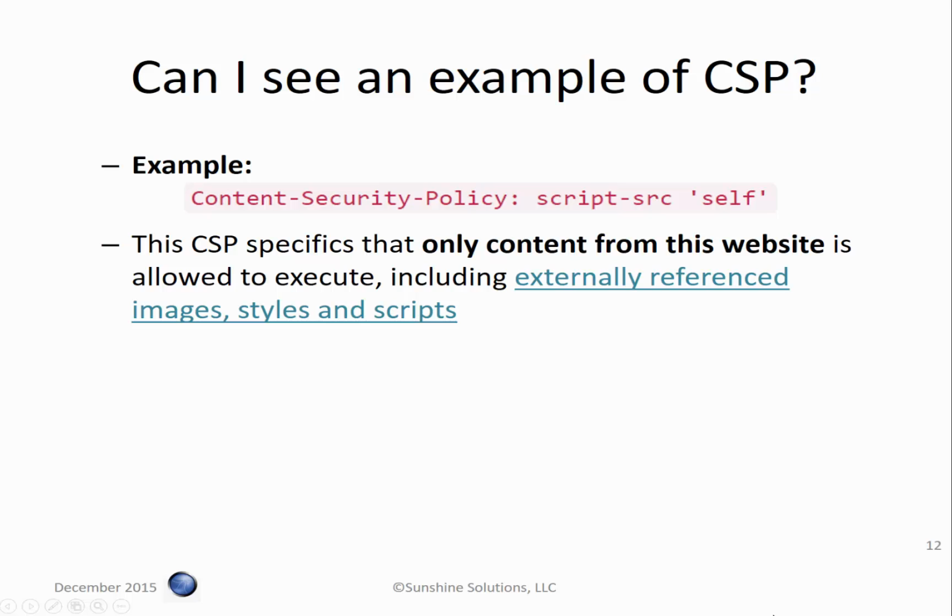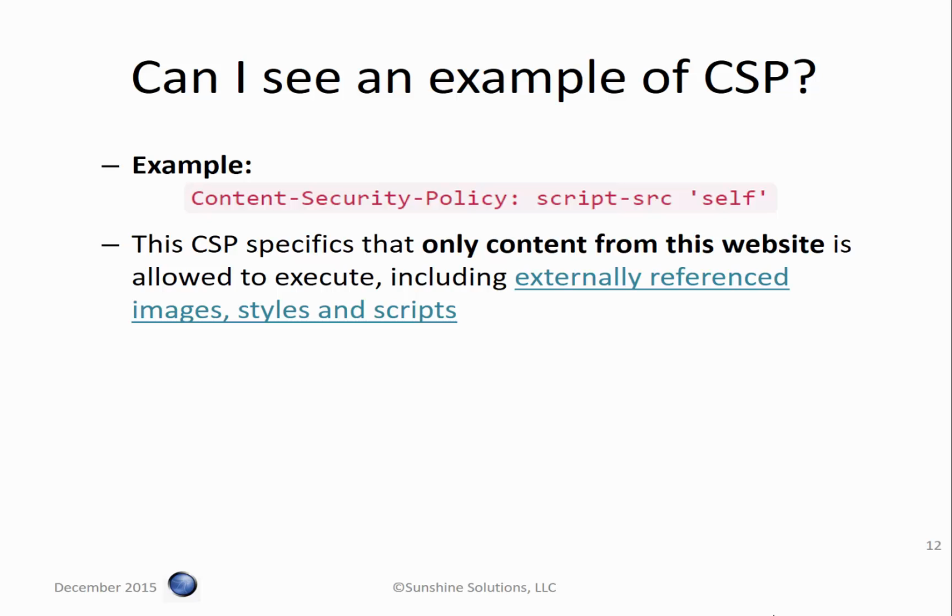To see a quick example of how content security policy is set, you can see the header here, Content-Security-Policy. So you would basically use in your response object the set header method to set the name of the header and then the value for that name.